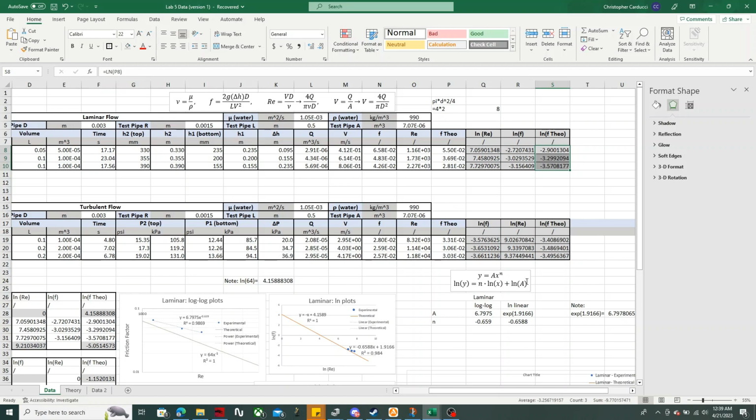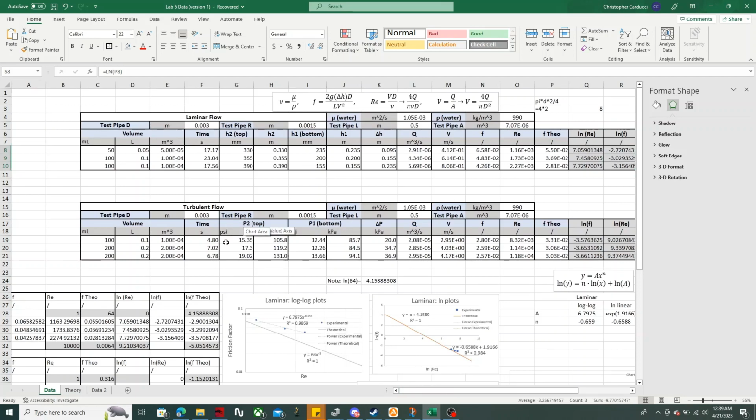Your turbulent flow, looking over here, you'll now see that your manometers will give you PSI measurements. So you have a high and low. It's okay if you have your P1, P2 mixed up, it doesn't matter. The main thing you only care about is the pressure differences, right? Mind you, the manometers gave you PSI. You're going to have to convert it to kilopascals, which then later when you do calculations, you're going to want to convert kilopascals into regular pascals.